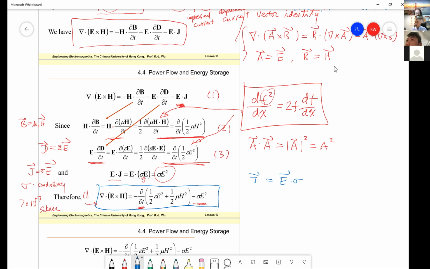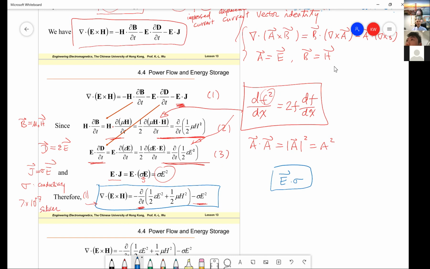So J is replaced by the electrical field. As long as you have an electrical field, you have a current, all right? So this relation is true at every point in space.